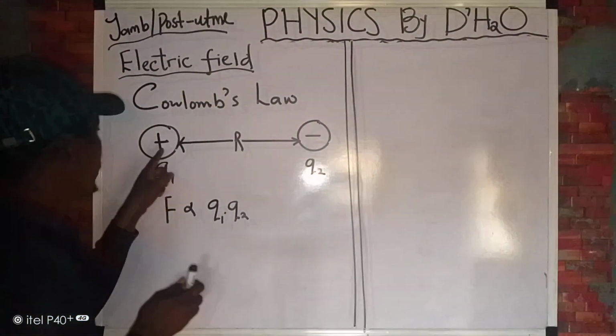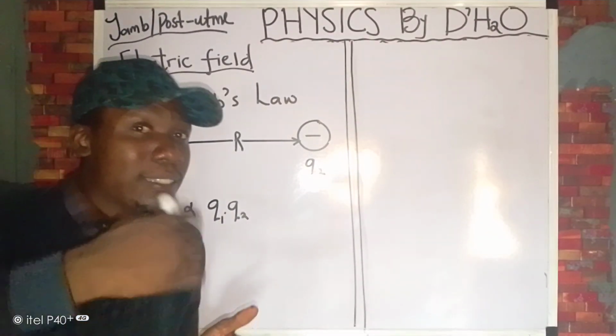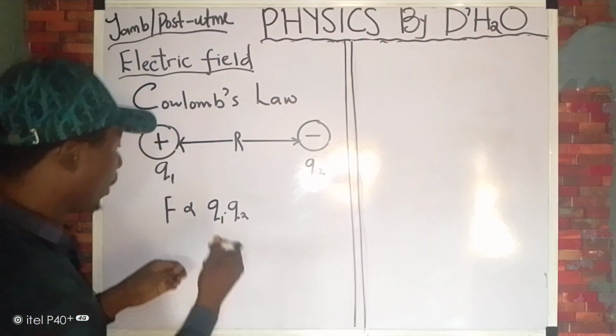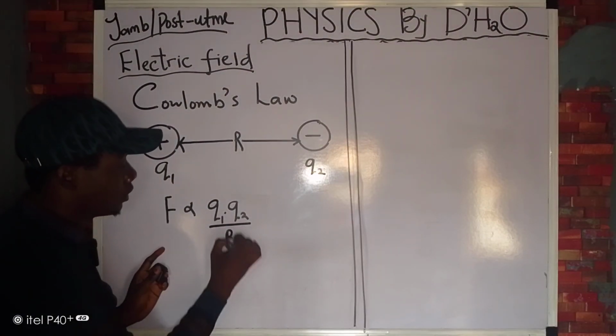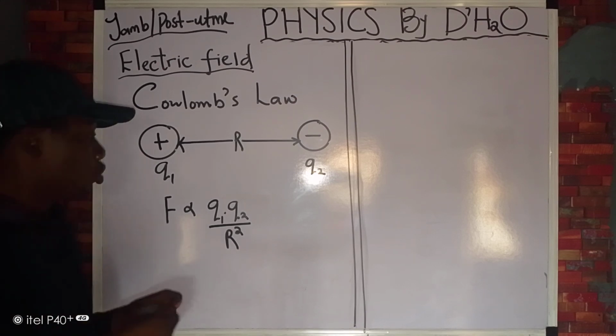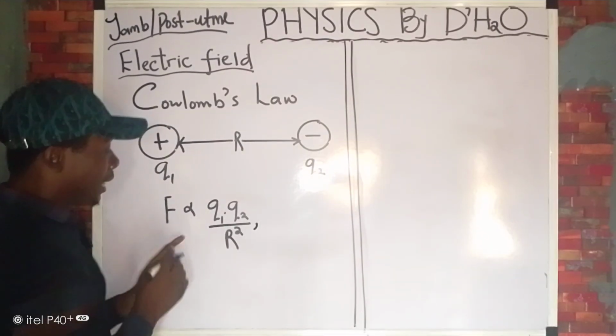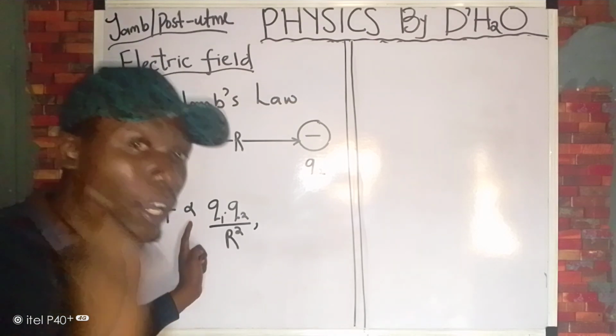You know, the distance between positive and negative is r. So the square of the distance is termed r squared. It means that it becomes inversely proportional to r squared, which is your distance. That's what Coulomb's law talks about. So what do we do now? Remember that we have to remove the sign of proportionality and put our constant.